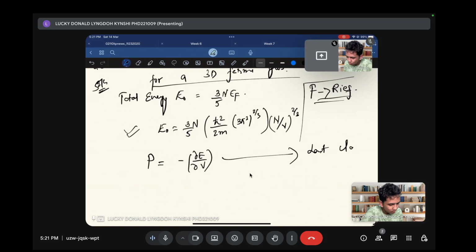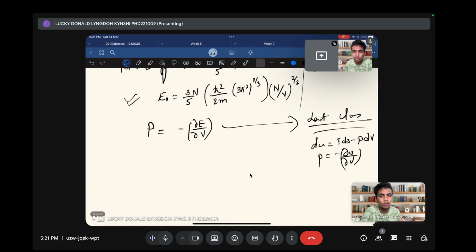We have shown that pressure is related to internal energy as ∂E/∂V. If I'm not wrong, we get dU is equal to T dS minus P dV. From here we get pressure is equal to minus ∂U/∂V. It's a continuation of last class. So if you have to find the pressure, first of all you can easily calculate the energy, so you can calculate ∂U/∂V.